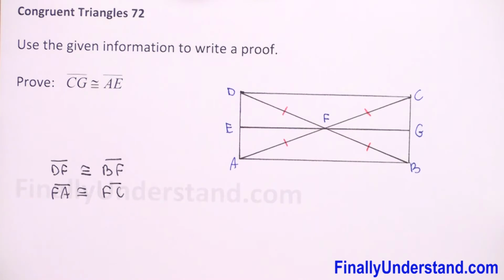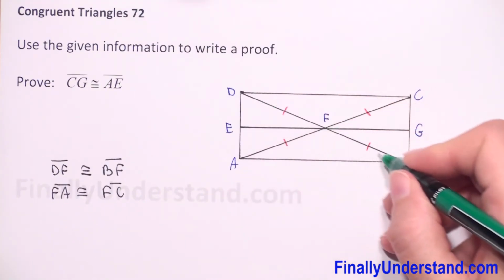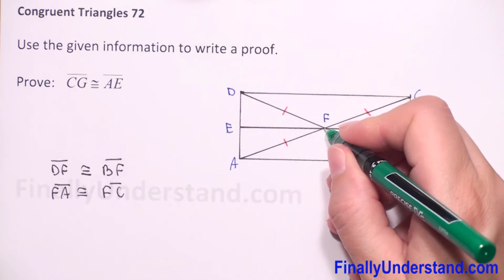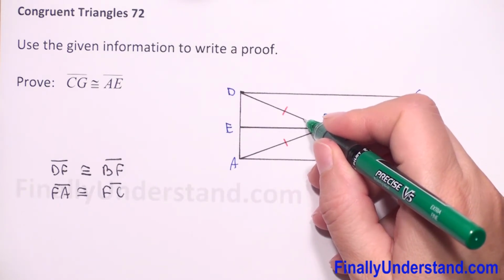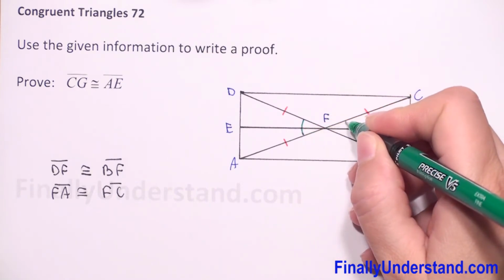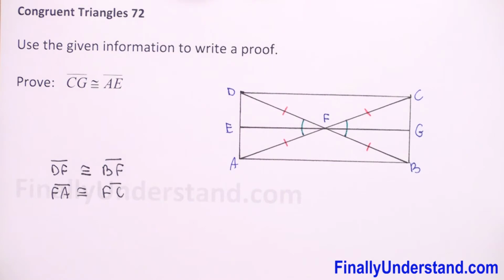What else do we have here? Because these two lines cut at point F, we have vertical angles, and we know that vertical angles are congruent.